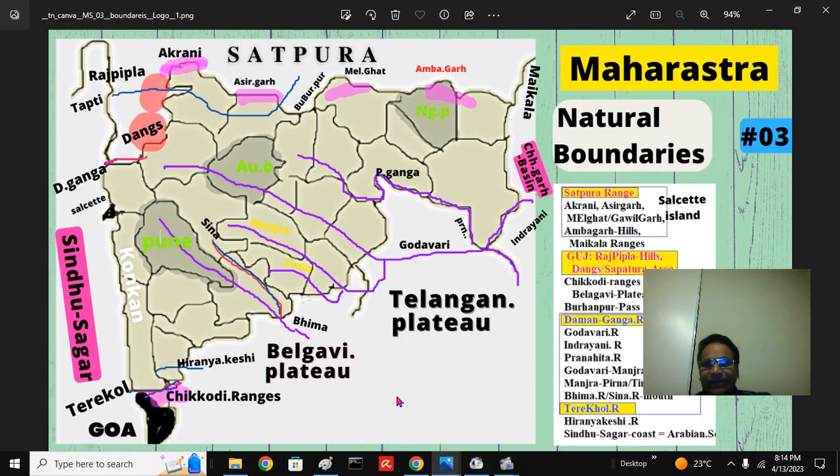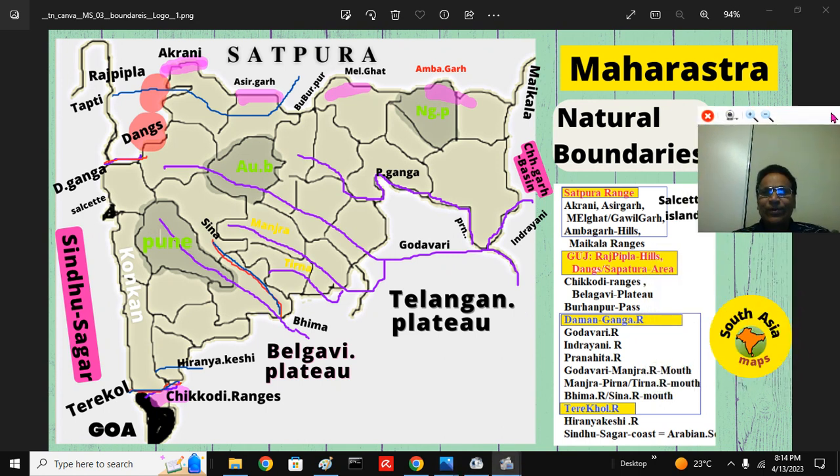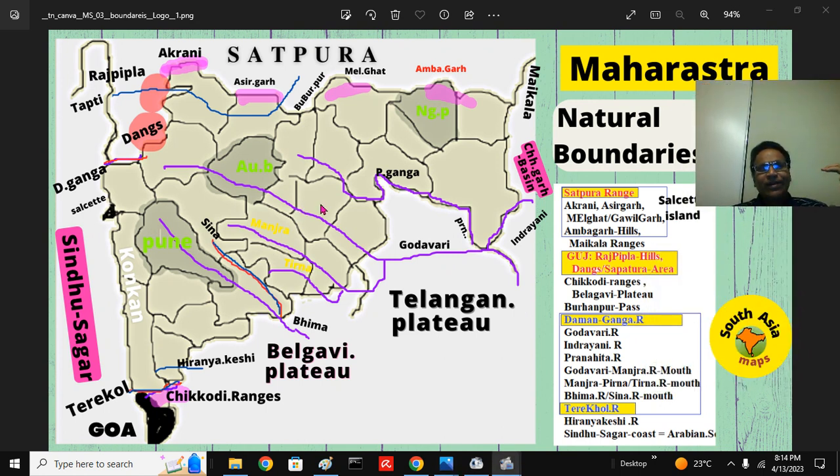Today's point of discussion is Maharashtra. What are the natural boundaries of Maharashtra? When you look at this state, its history, culture, geography are shaped by the natural features.